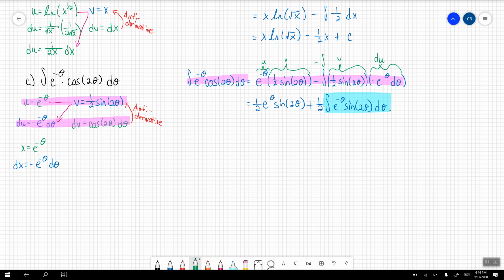I'm going to choose my dv as everything else, or in this case, my dy as everything else in that integrand, which is sine of 2 theta d theta. And finding my antiderivative for this dy will then give me that y is equal to negative 1/2 cosine of 2 theta, and this is my antiderivative.